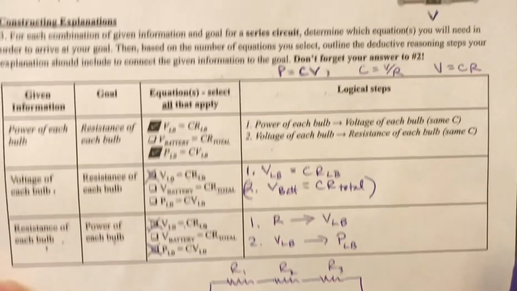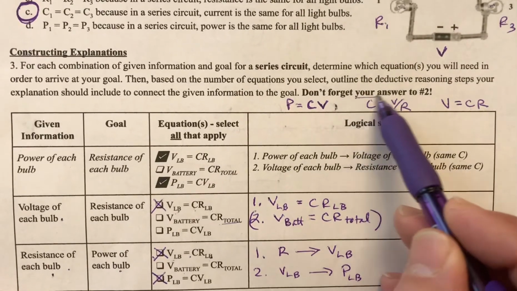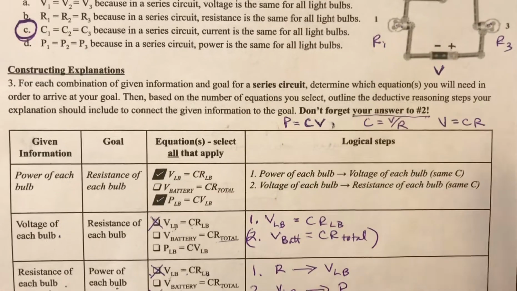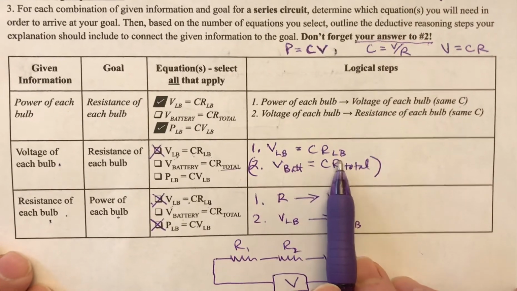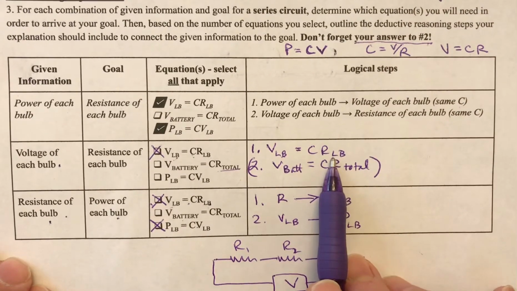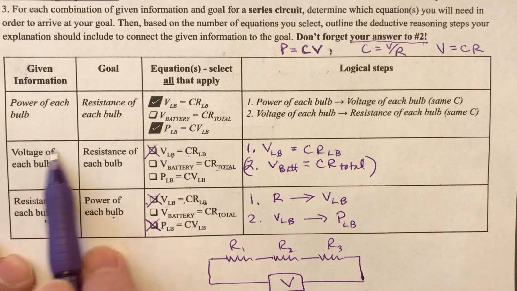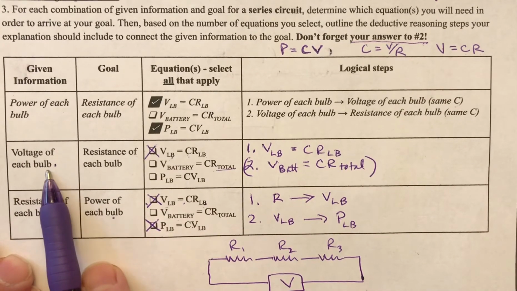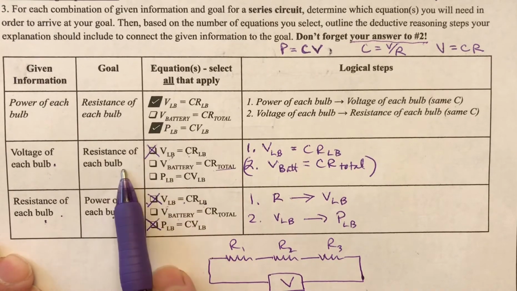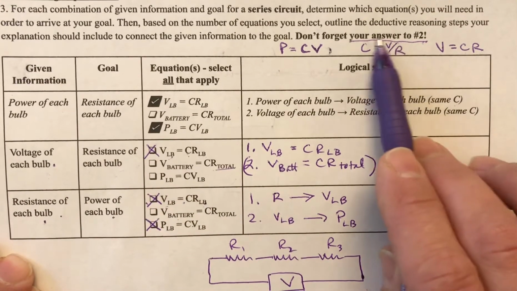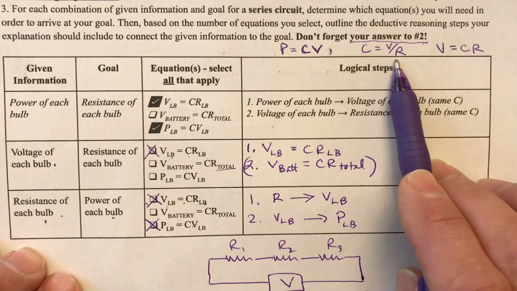Now, your teacher is saying don't forget your answer to number 2. And so I'm assuming here that the current is going to be given to you. If you're trying to find the resistance, and you know the voltage of each bulb, that's the voltage drop across each bulb, then you could use this formula.